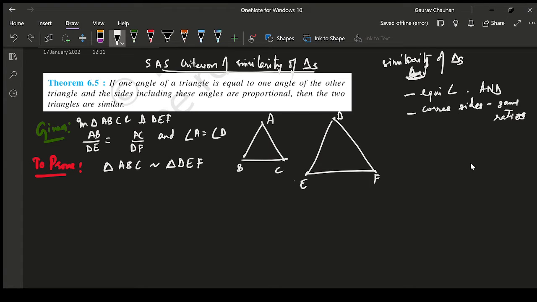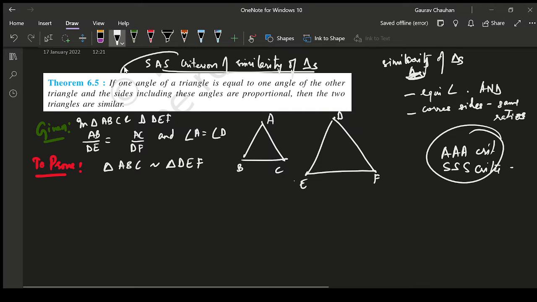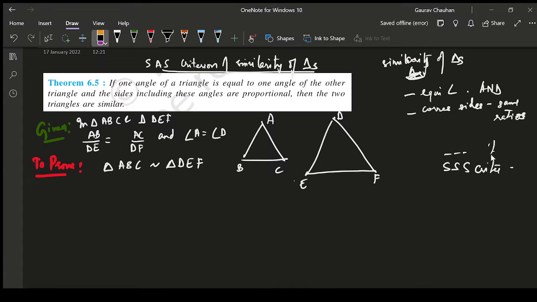And I want to bring to your attention that we have already proved the AAA criterion of similarity and the triple S criterion of similarity, which means we have proved these without using the SAS thing, which means we can use these two criteria in this particular proof, right? Let's be very clear about that.